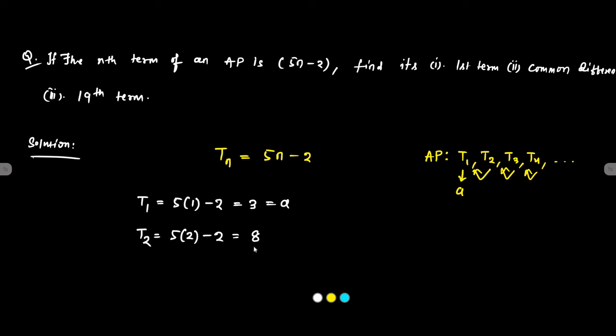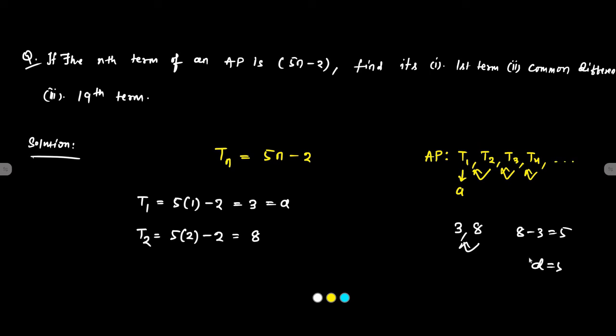We got that. Then, as it is given that it is already in AP, the common difference will be the same. So here we have the first term 3, then 8, and the difference between them, the common difference, 8 minus 3, that is equal to 5.